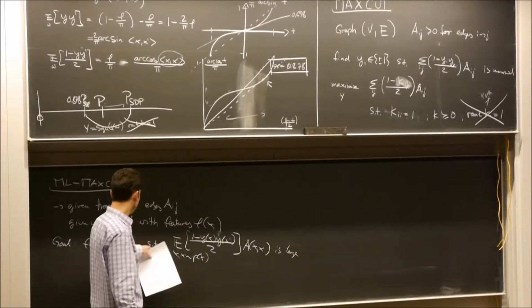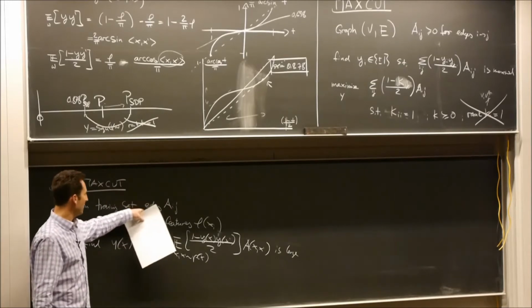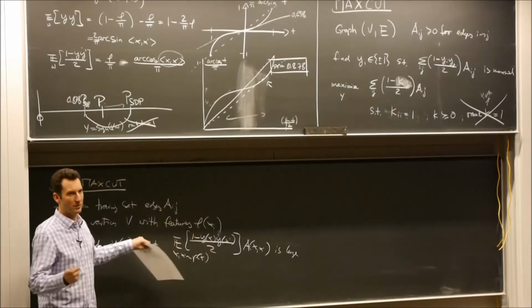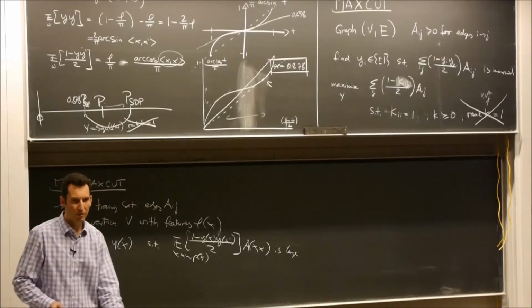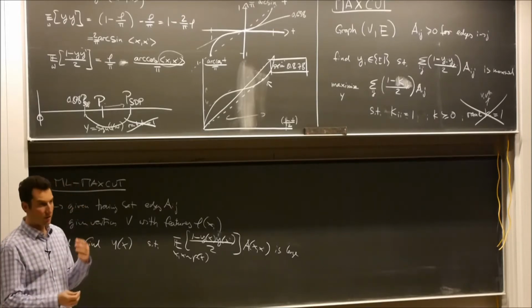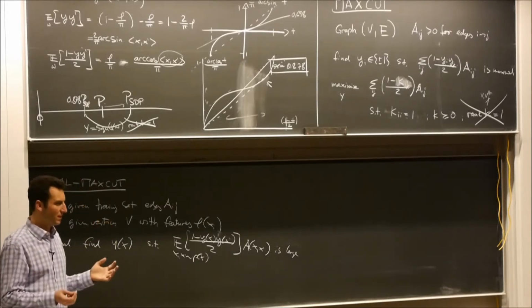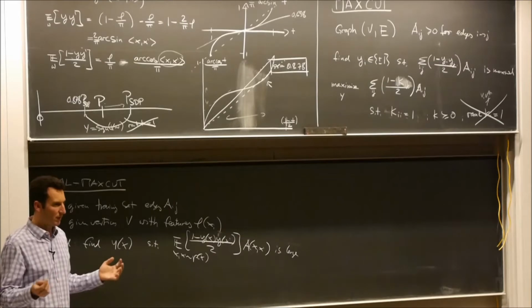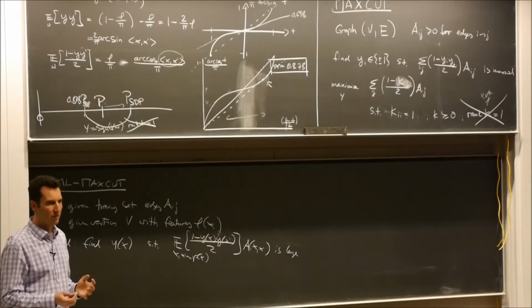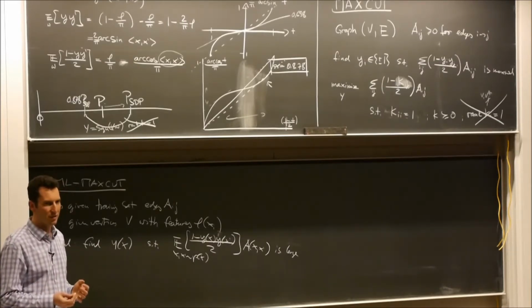So in other words, the goal is, given those edges which tell us where there's a high cost for a cut, find me a function such that in expectation on unseen data, my cut value will also be large. And preferably get some guarantees for that.